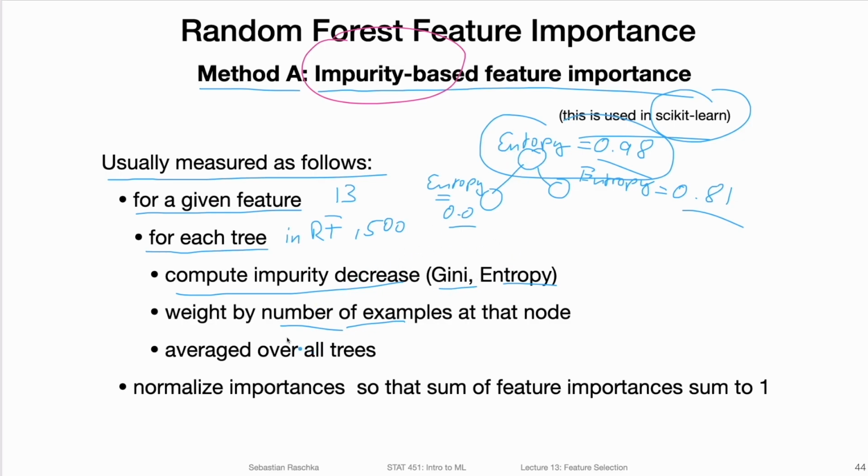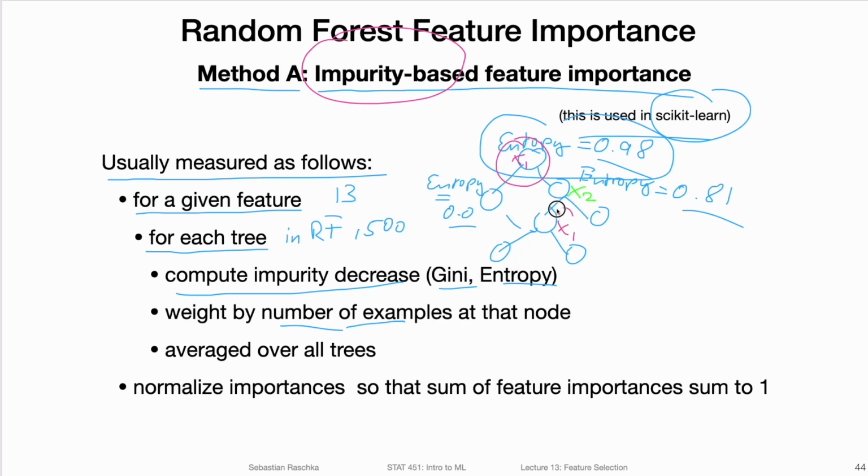And then we look at this impurity decrease over all the trees. First of all, for that feature in that tree itself, let's say this feature is x1, we might be using another feature here, let's say x2, but then we might be using x1 again here and so forth.